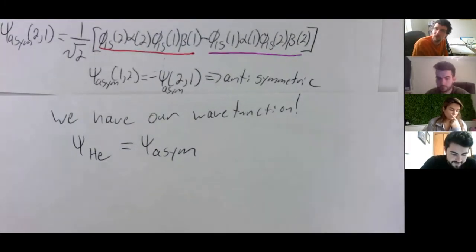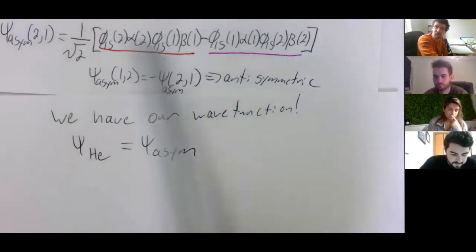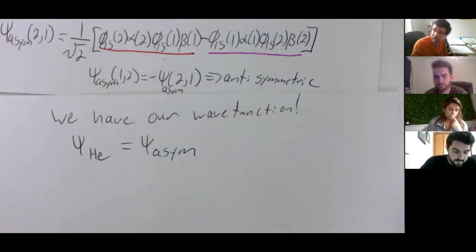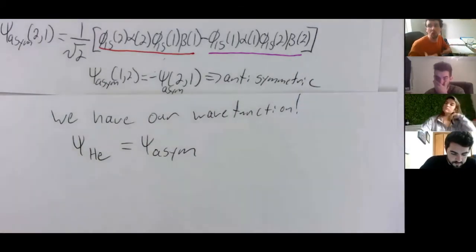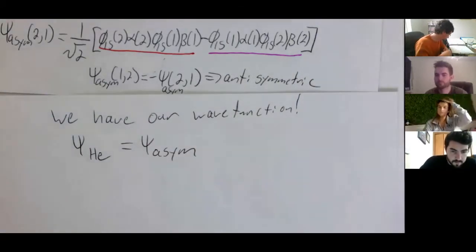And we could actually describe it pretty easily with something we've done in the past. So this is why we talked about determinants. We're going to express these wave functions as determinants from here on out, so that way we don't have to keep writing this junk over and over again.